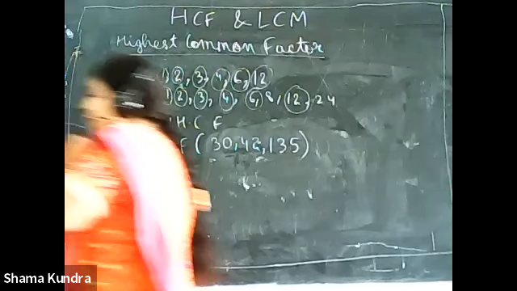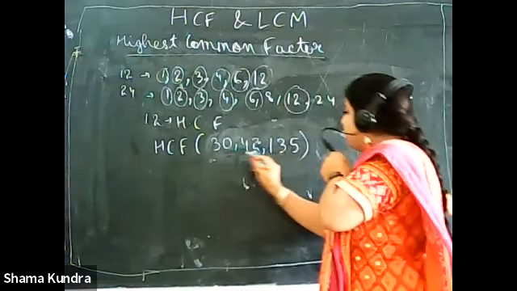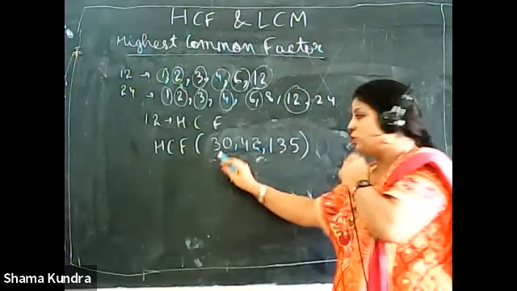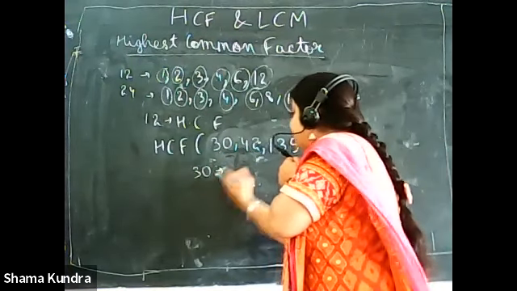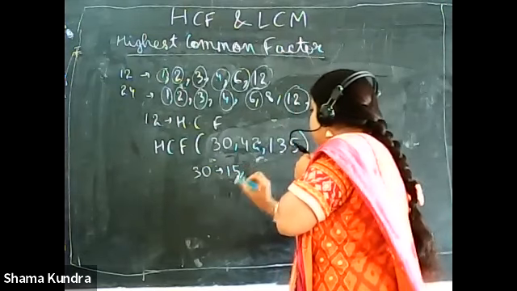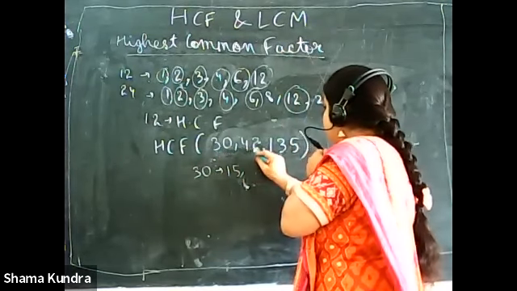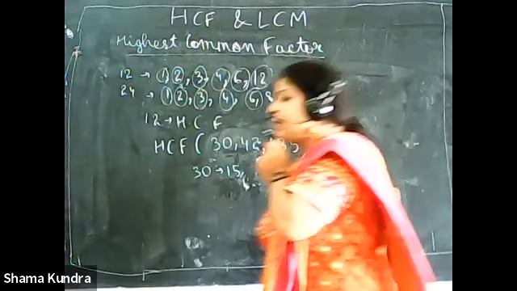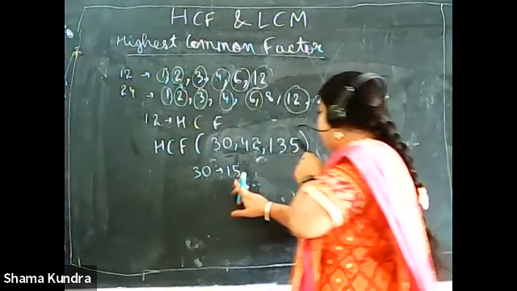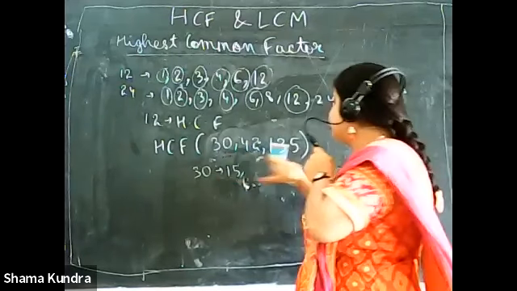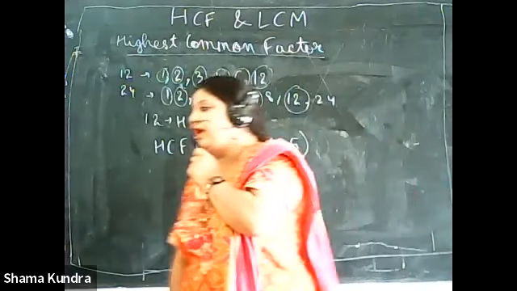Now see 30. 42 is not divisible by 30, so 30 will not be HCF. Next step is to write down the factors of 30. See 15. 42 is not divisible by 15, so 15 is also not the HCF of these three numbers.